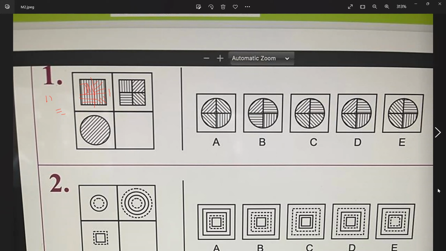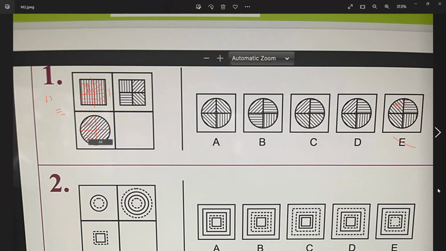So first, if we cut this like this and then like this, we'll have this type of line here. Let's see, we can eliminate E because here the shadings are going this way. Then this side, the bottom has to be the opposite, so it's going to be like this.